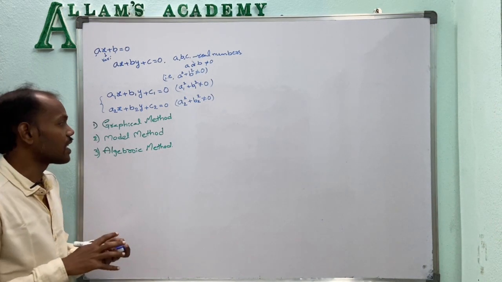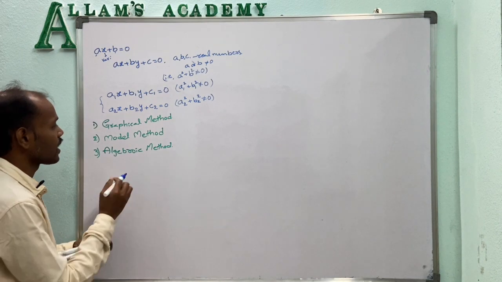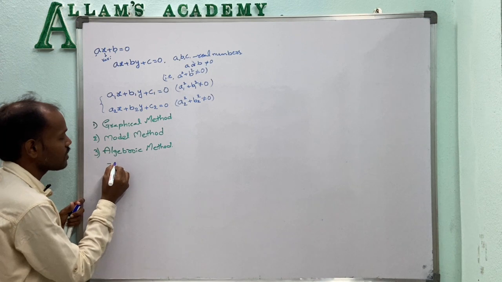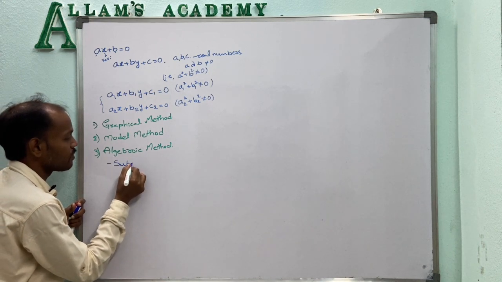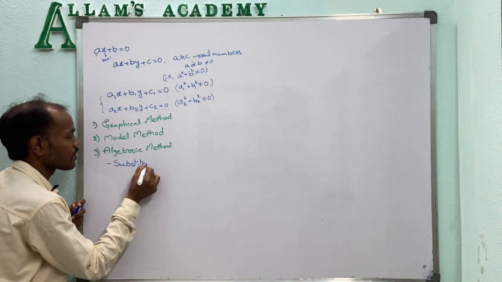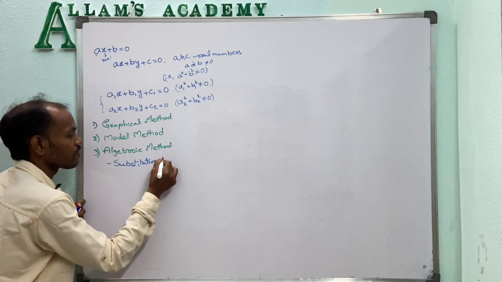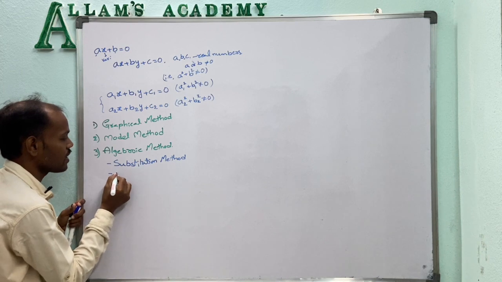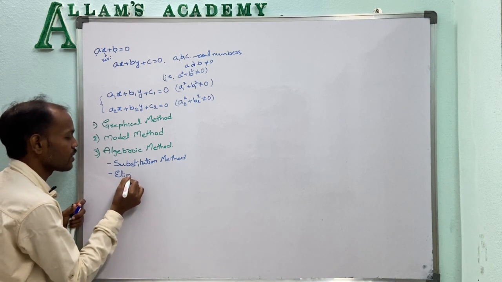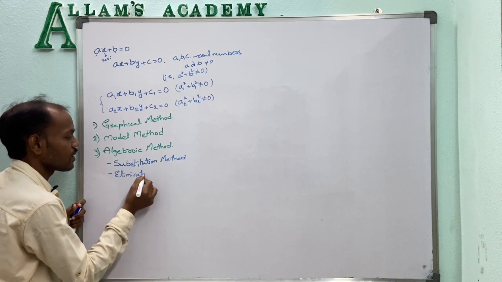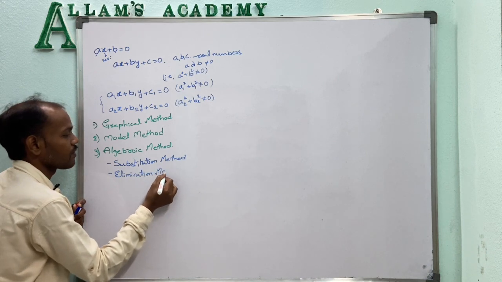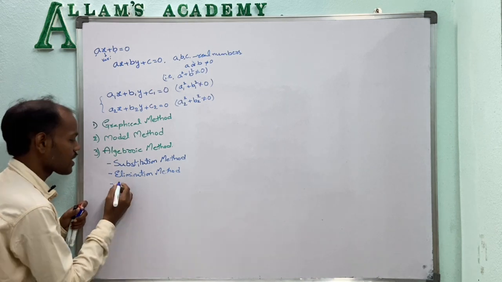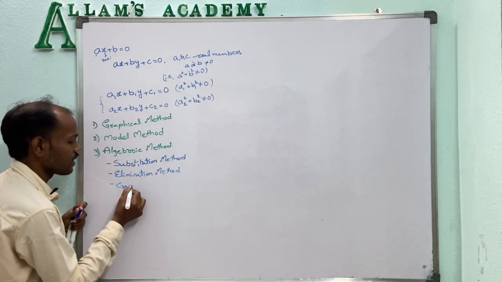In the algebraic method there are three more: one is the substitution method, another one is the elimination method, and the third one is the cross multiplication method.